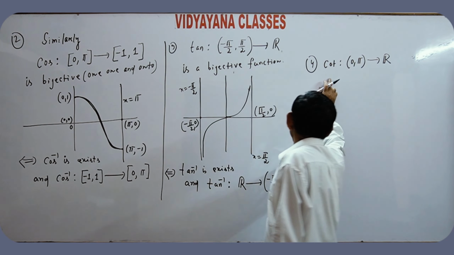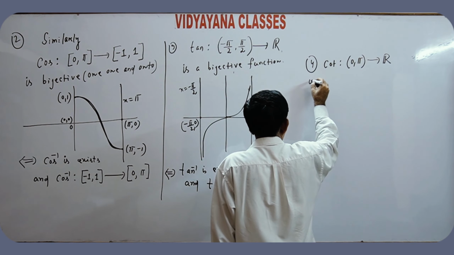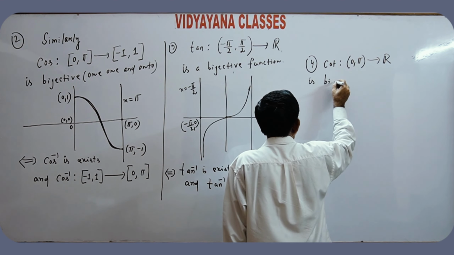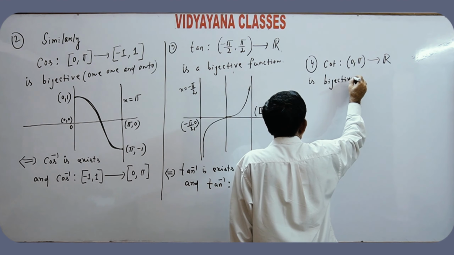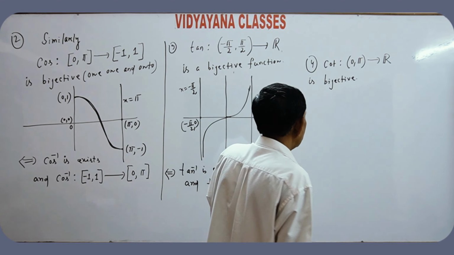The cotangent function is defined from this set to this set. Each is bijective. That means 1-1 and onto.